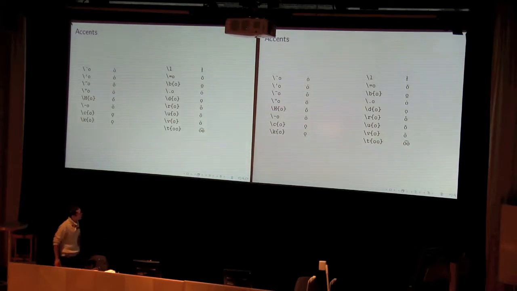Do you see why sometimes, for example, on the first line we have a backslash, a character, then the O, and on the fifth line we have the backslash, the H, and between curly braces, the O.